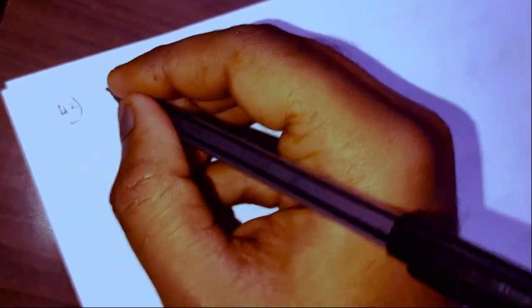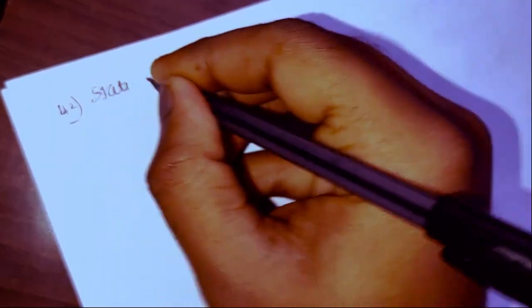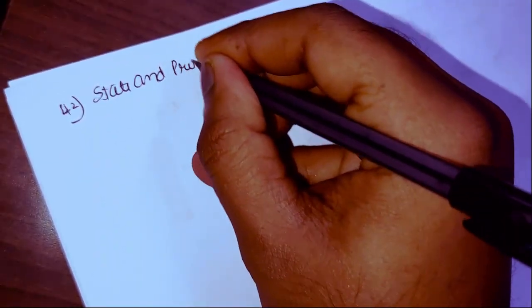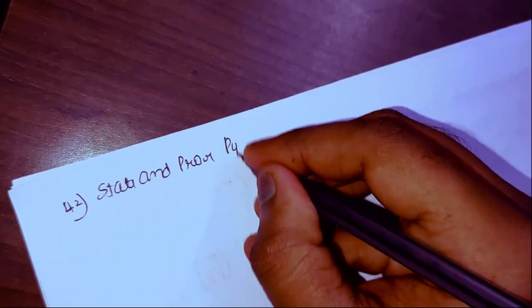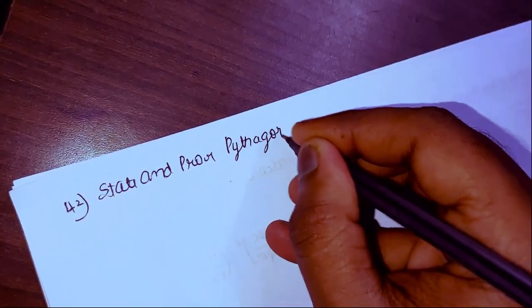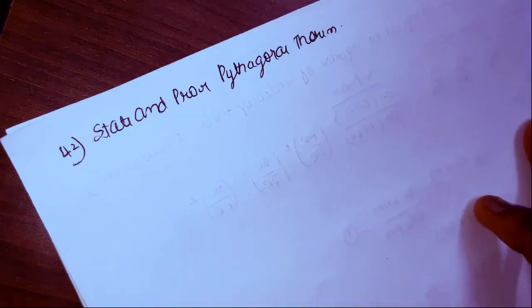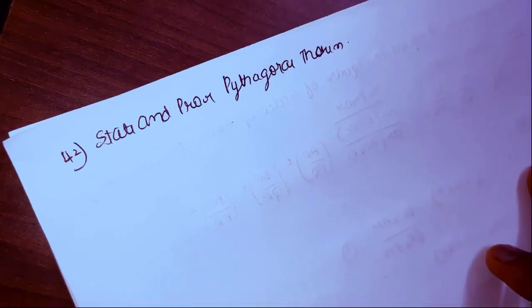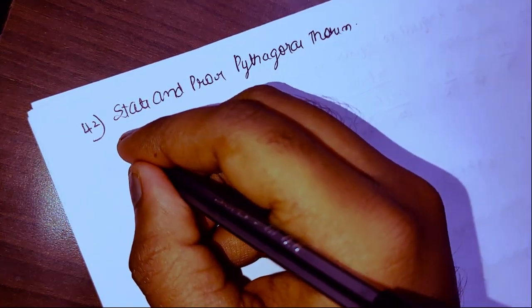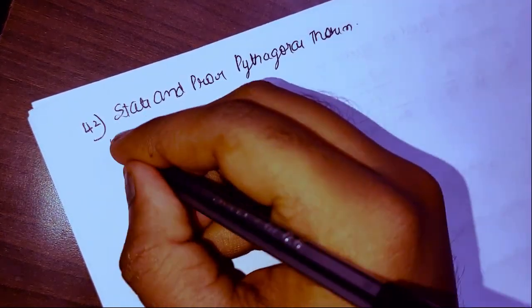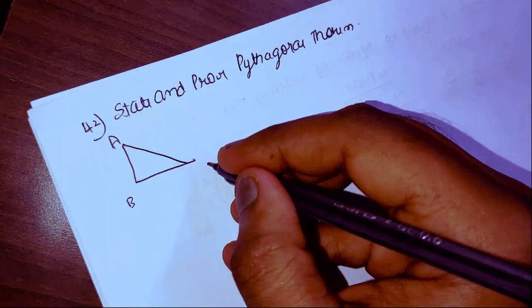42nd question. State and prove Pythagoras theorem. Statement is already written in 1 mark questions. I will continue with the proof. Take a right angle triangle ABC.